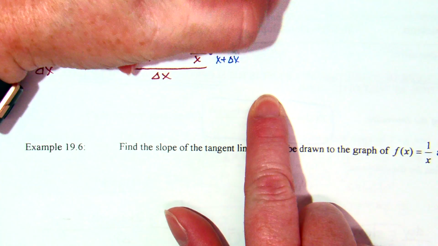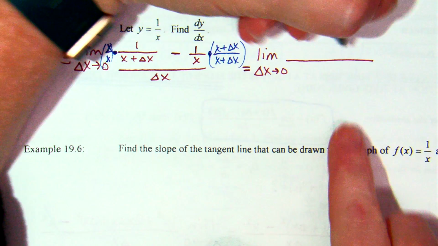First thing I'm going to write out is the limit as delta x approaches 0. Now I'm going to combine this in one fraction. On top, we're going to have one fraction, common denominator, x times x plus delta x.